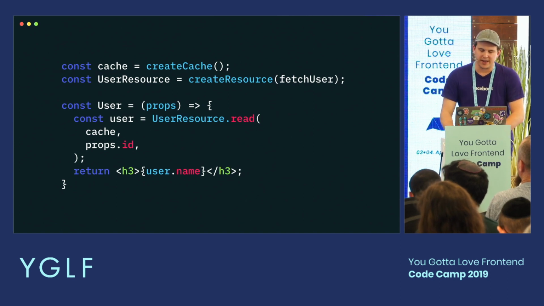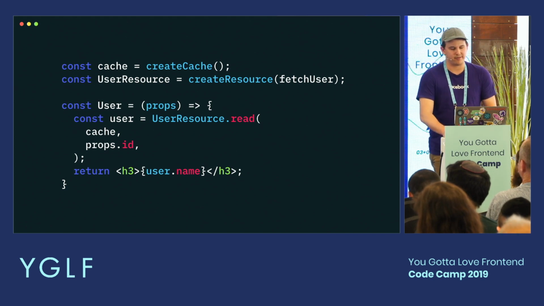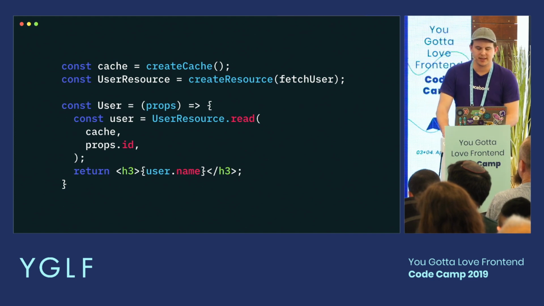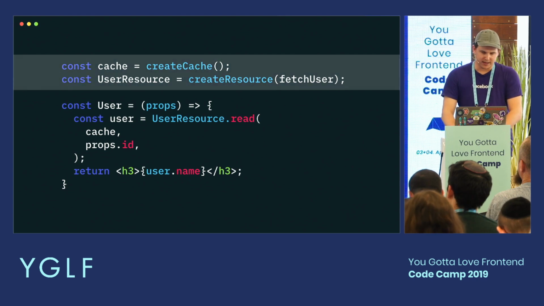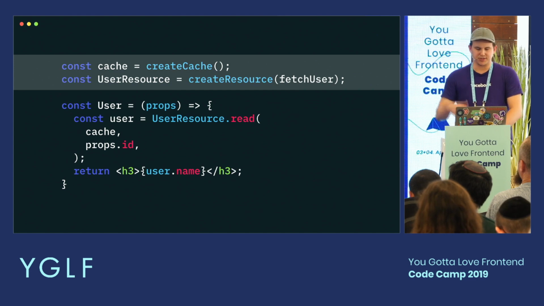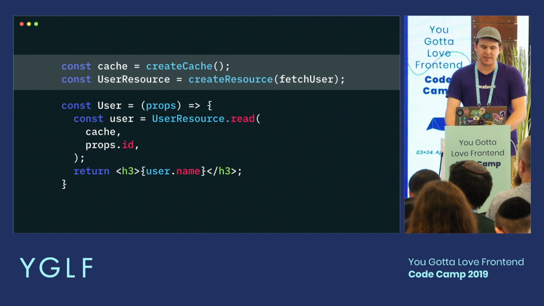So here we have a very simple example of using Suspense to render some async data. Specifically, we have this user component that fetches some data for a user and then renders the h3 tag with their name. So we have a couple of functions, create cache and create resource. We just assume that this comes from some unknown data caching library that works with React Suspense.